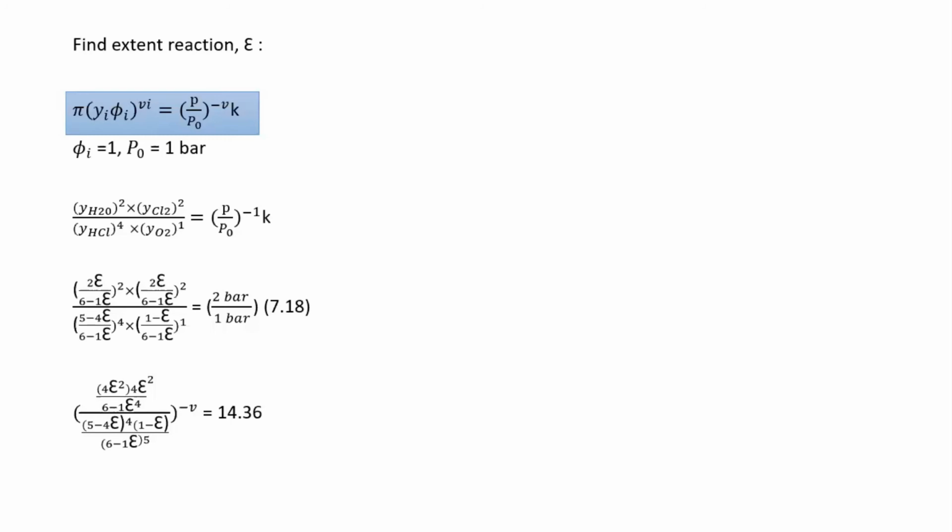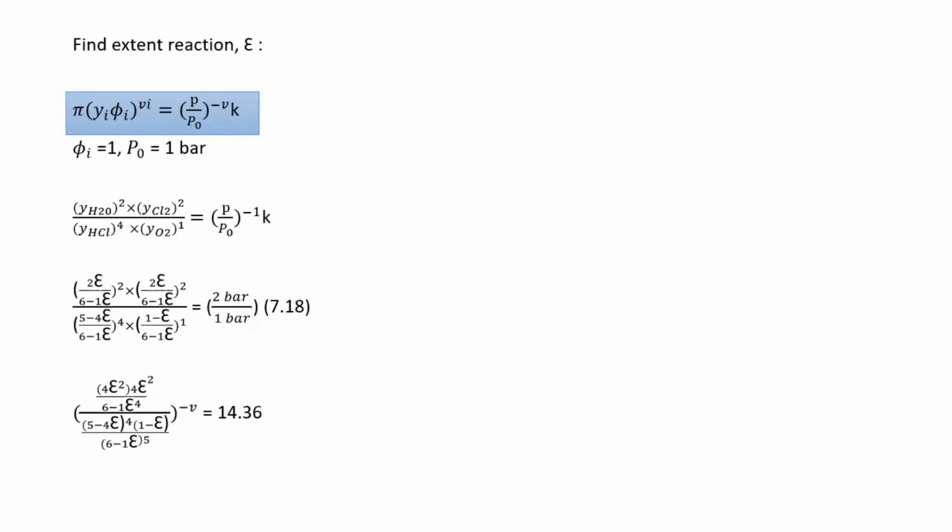Because when pressure is sufficiently low or temperature sufficiently high, the equilibrium mixture behaves essentially as an ideal gas. So we assume that the fugacity coefficient is equal to 1.